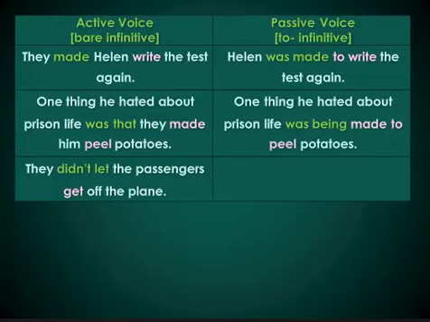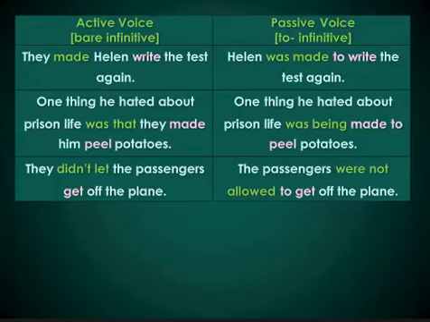One thing he hated about prison life was being made to peel potatoes. They didn't let the passengers get off the plane. The passengers were not allowed to get off the plane. So you see, there are cases where you even have to change the verb.